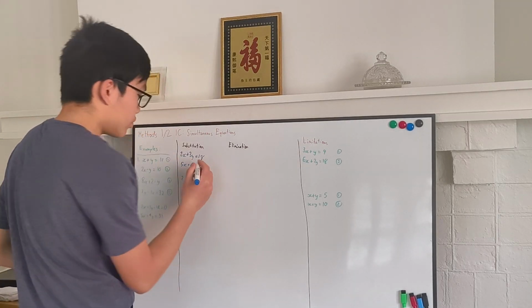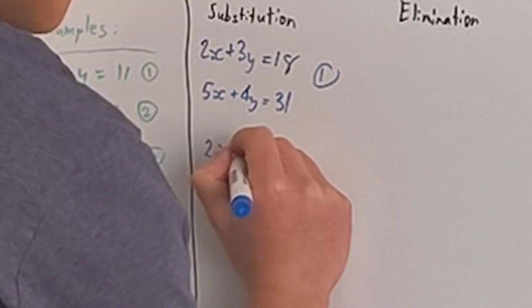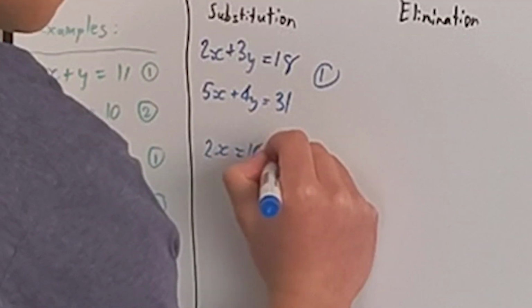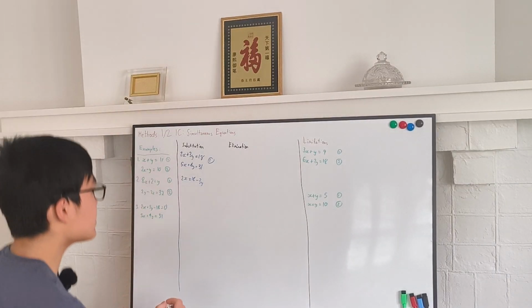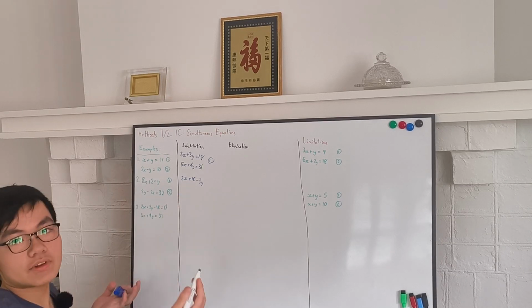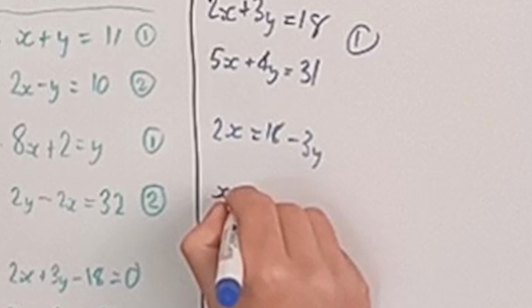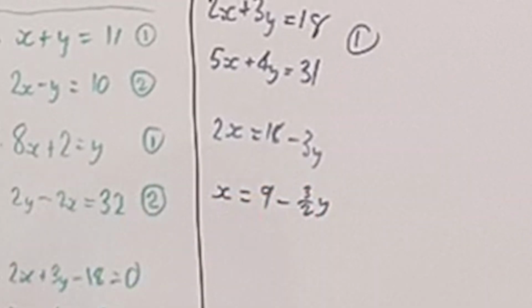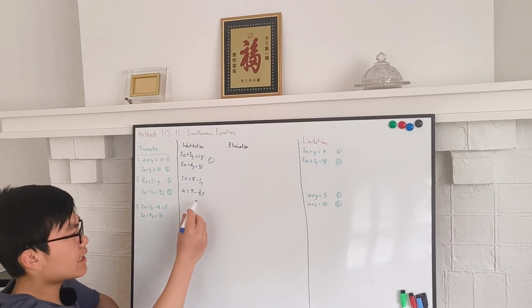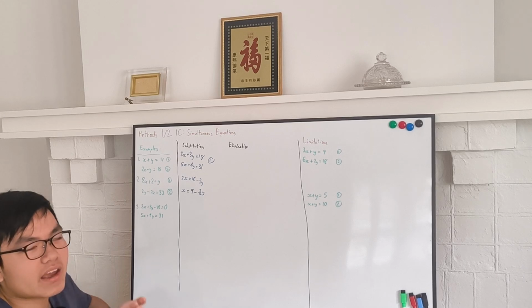So we'll rearrange the first equation: 2x equals 18 minus 3y. Now we can divide everything by 2 and then we get x equals something. So x equals 9 minus 3 over 2y. It's a little funny because we have a fraction as the coefficient for y, but that's okay.